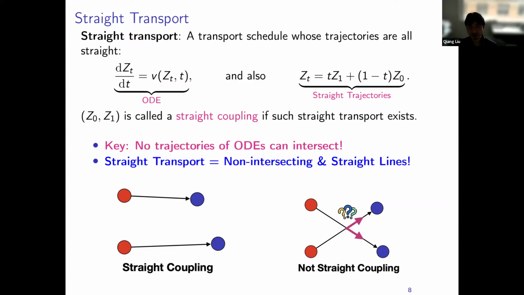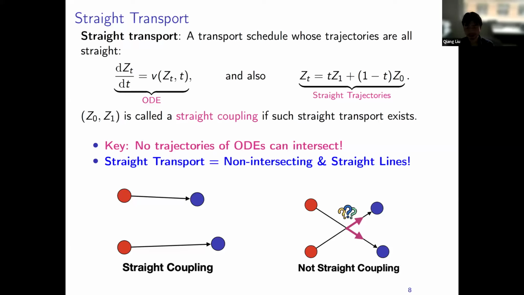So it turns out the key idea here is that if we want a trajectory to follow a differential equation, then the trajectories cannot intersect in the middle of the time. So you cannot have trajectories that intersect as in the figure on the right side. That's because if you follow a differential equation, then at every time point you're going to have a unique direction to go forward.